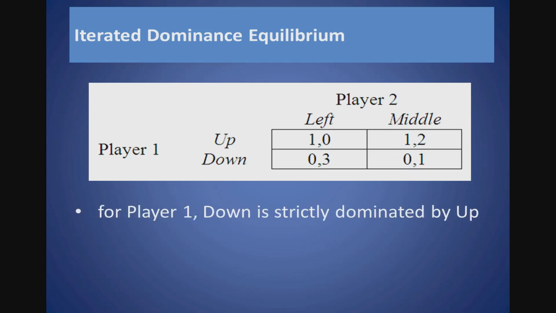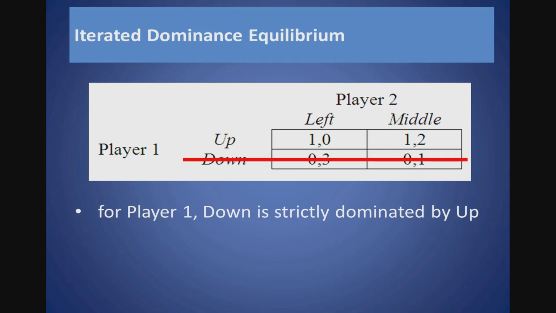So what can we say? We can say for player 1, down is now strictly dominated by up. Down always gives a payoff of 0. Up always gives a payoff of 1. So what will a rational player do? A rational player 1 would never choose to play the strategy of down. And so we can remove that as a potential action for player 1.